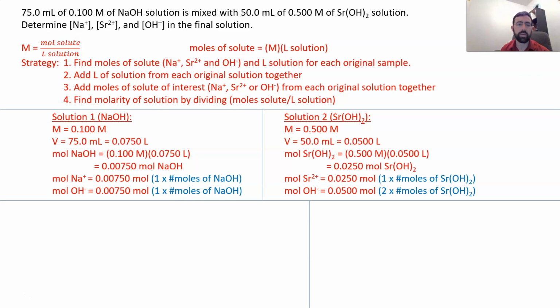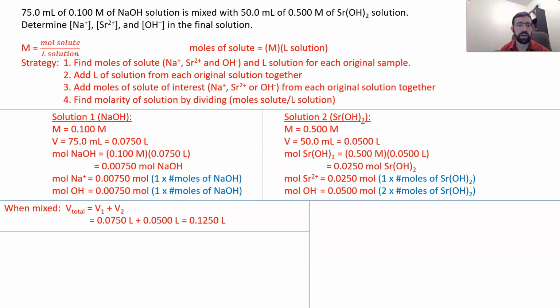We want to add up our volumes since we're putting these solutions together. We're pouring them together and mixing them. The volumes are going to be 0.0750 plus 0.0500 liters, so that gives us 0.1250 liters.